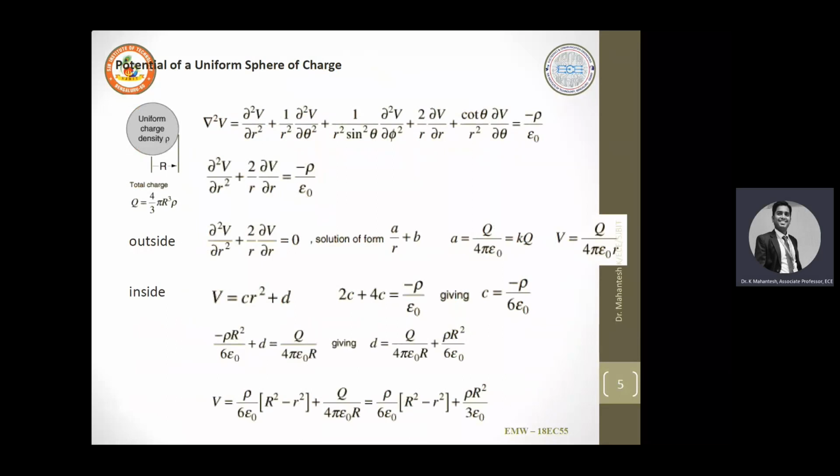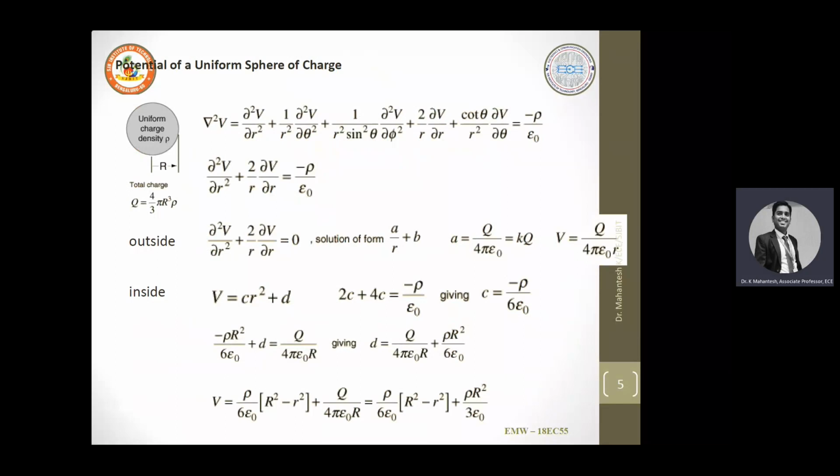Potential of a uniform sphere of charge density rho V is given by del square V is equal to dou square V by dou R square plus 1 over R square dou square V by dou theta square plus 1 over R square sine square theta dou square V by dou phi square plus 2 by R dou V by dou R plus cot theta by R square dou V by dou theta is equal to minus rho by epsilon.